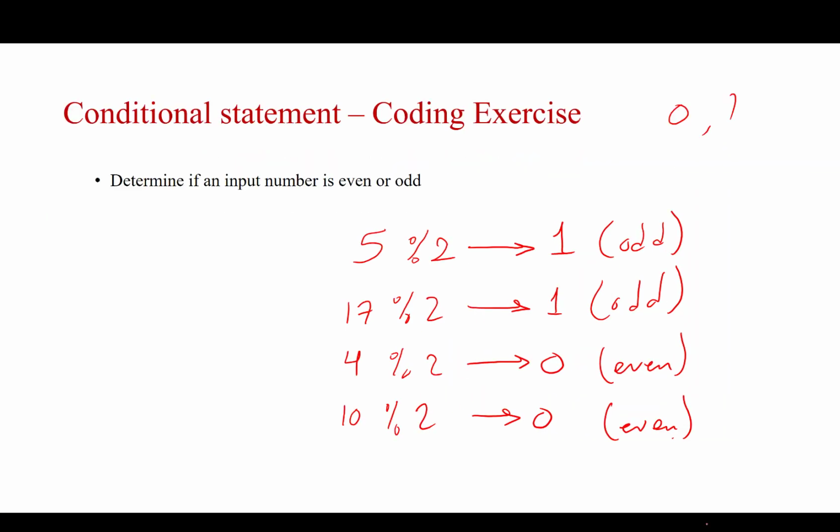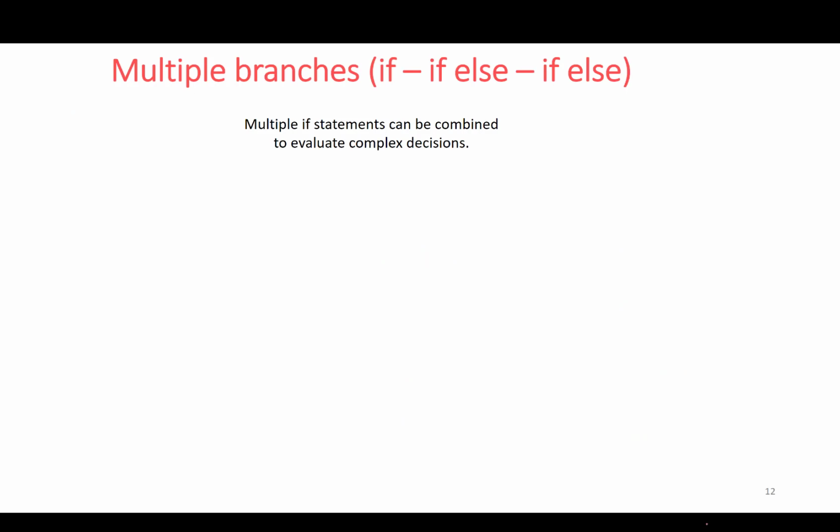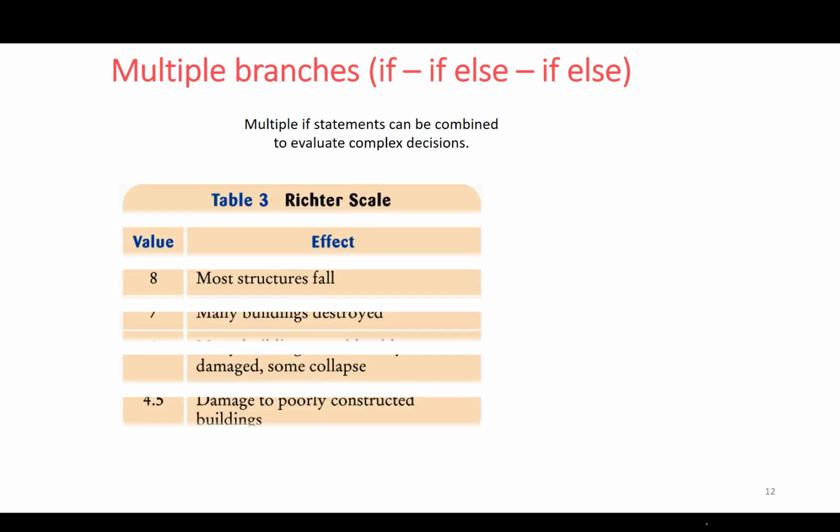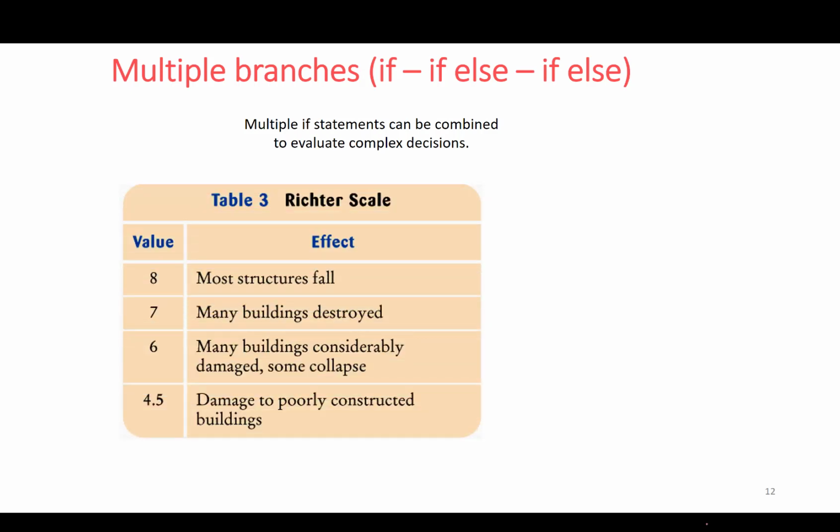And the next thing is multiple branches. As we saw it, but let's see one example for it. So here, this is the Richter scale, and if you know the Richter scale, if it's 4.5, there's damage to poorly constructed buildings, right? But if it is 8, most structures will fall, right?